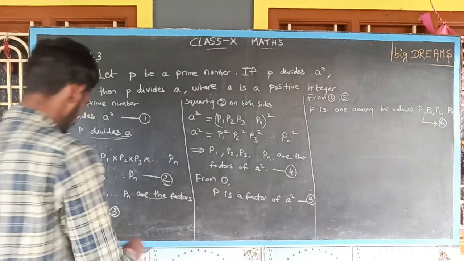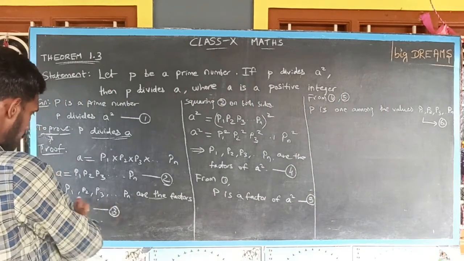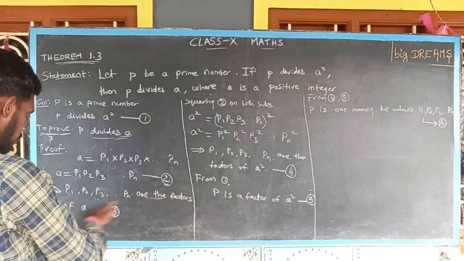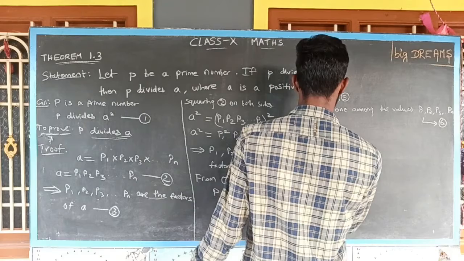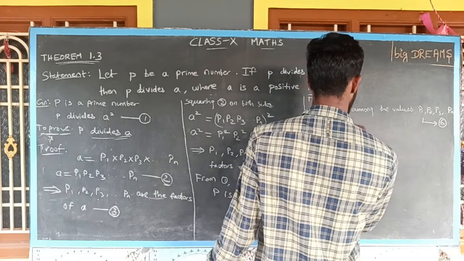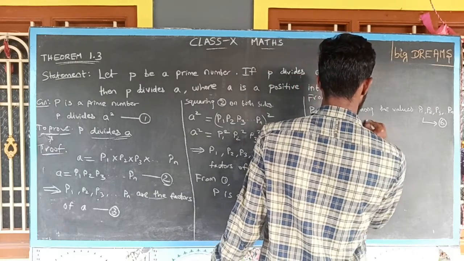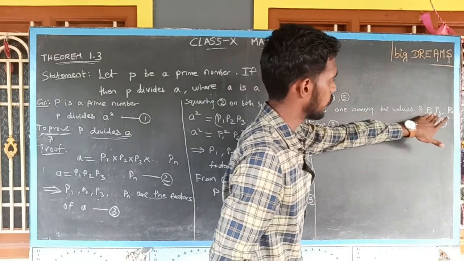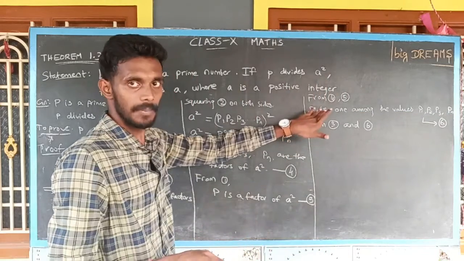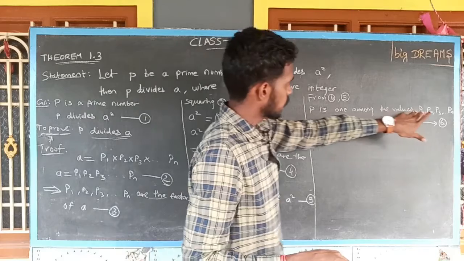Okay, see here, step 2 states that P1, P2, P3 up to Pn are the factors of A. So from equation 2 and equation 6, P is one among the values P1, P2, P3. So P can be any value among these.